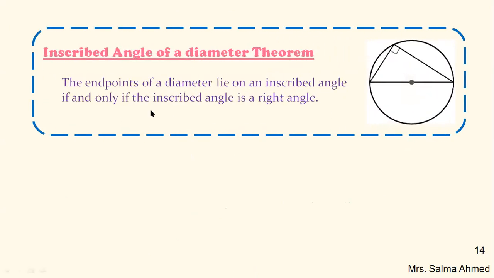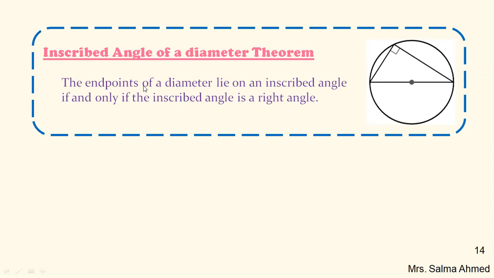Another theorem, the inscribed angle of a diameter theorem. If I have two chords and the two endpoints of the chords are on the diameter of the circle, then the inscribed angle in front of them must be 90 degrees.